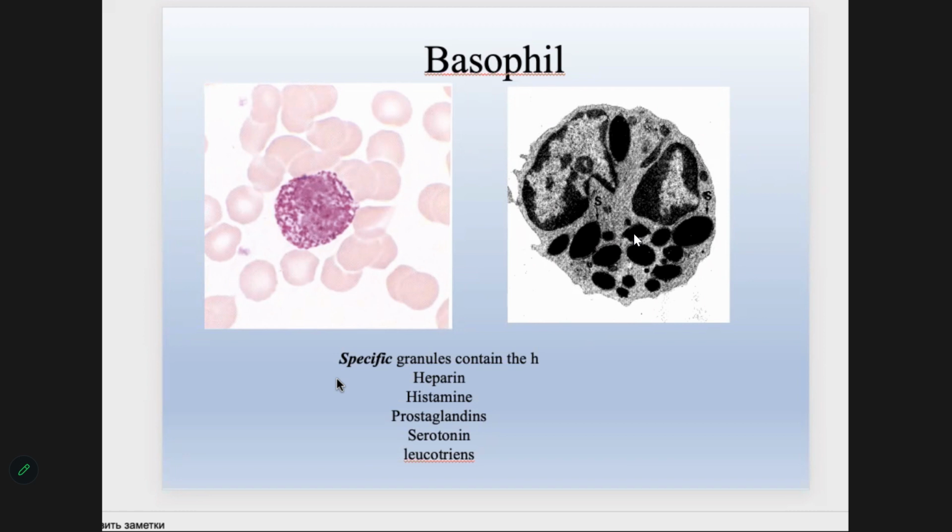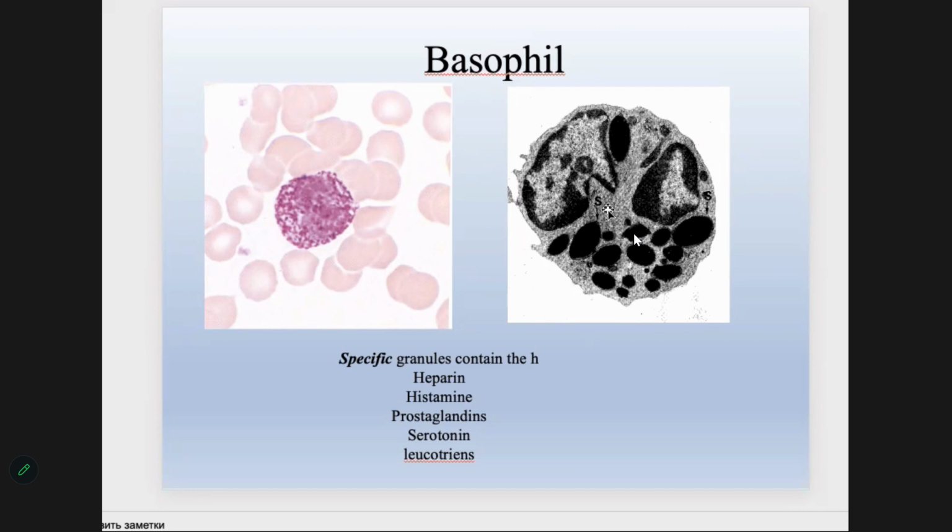The granules of basophils house such biologically active substances as heparin, histamine, prostaglandins, serotonin, and leukotrienes. The main function of basophils is to increase the blood flow, increase the vascular permeability, and mobilize the rest of the granulocytes into the place of damage.